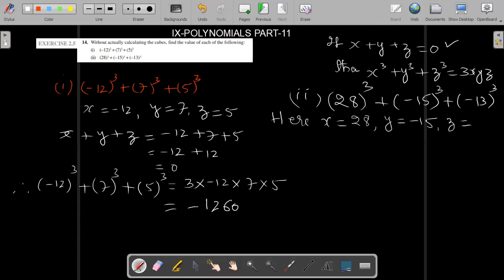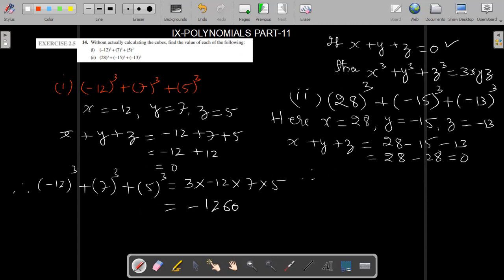And z is equal to minus 13. So check: x plus y plus z is equal to 28 minus 15 minus 13. So minus and minus added give minus 28, so the sum is 0.